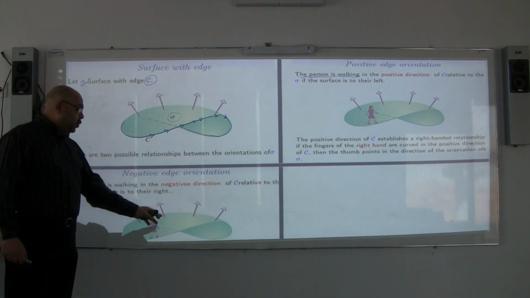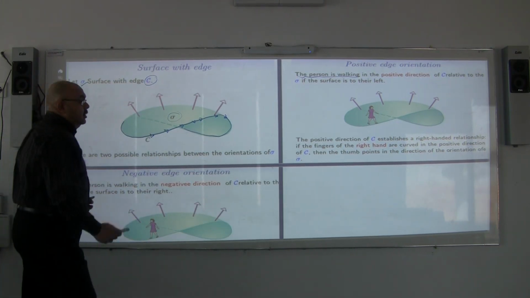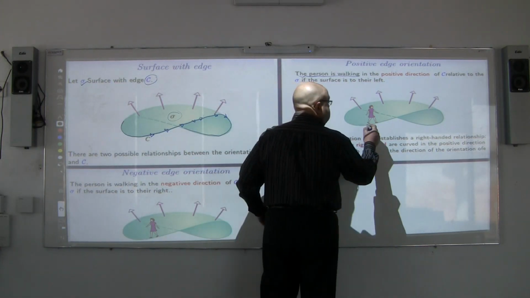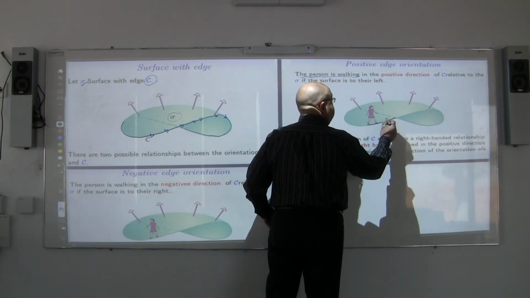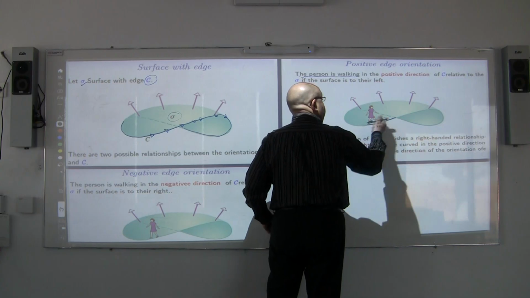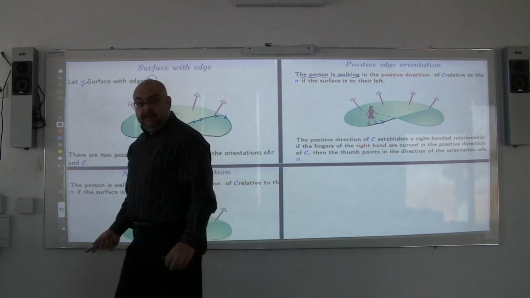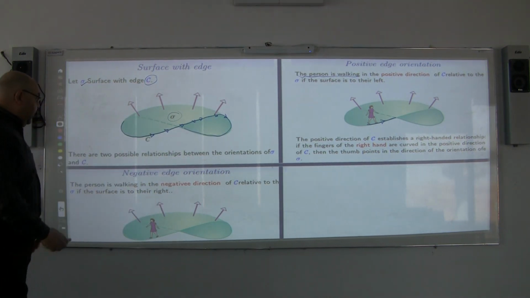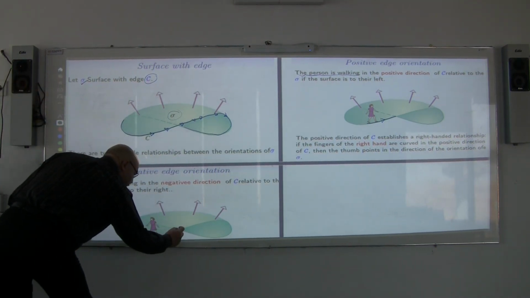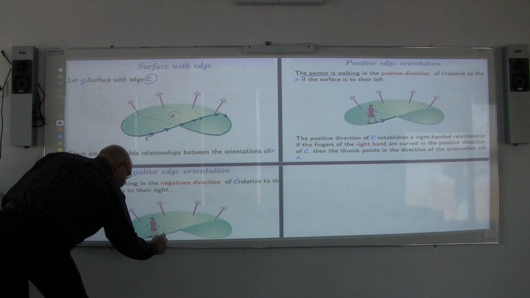And of course, if you are moving in the other direction, you will be walking in the negative direction. Here we go, in the negative direction of the closed curve.